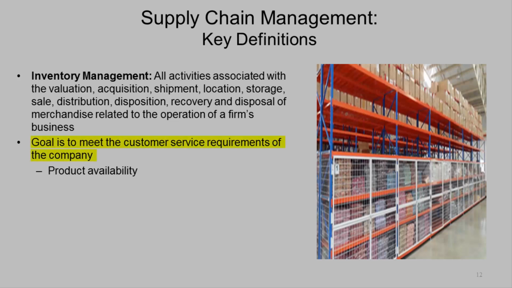Now, as it relates specifically to inventory management, customer service means one thing and one thing only, and that's product availability in the quantity, the configuration, the packaging, the price, and the delivery features that the customer wants. So inventory management is about making the product available to our customers. In the end, inventory management and customer service equals product availability.